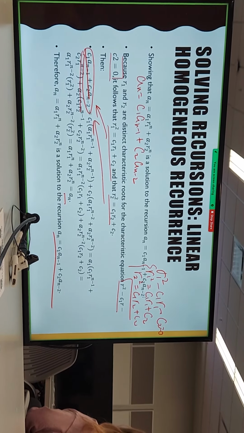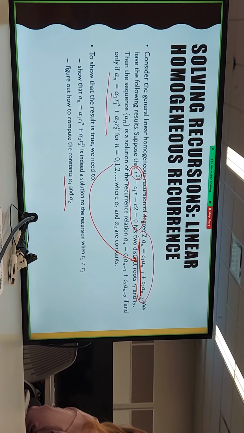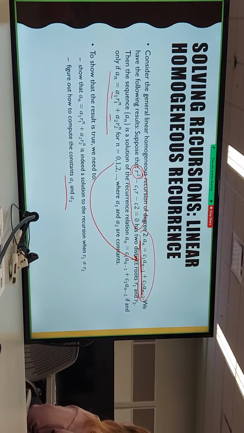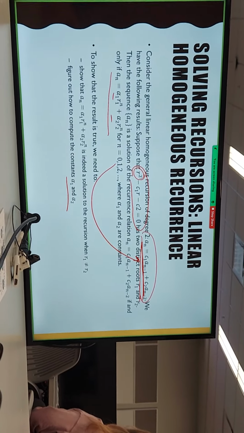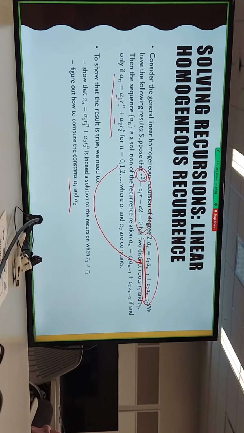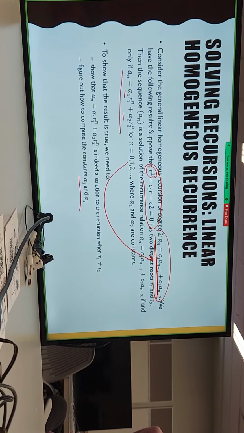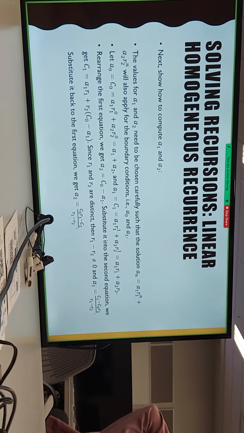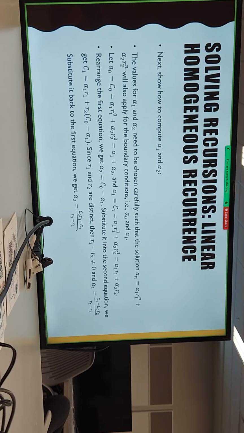The next task would be, as I said, to solve for the values of alpha 1 and alpha 2. We know the recurrence has to be generic for all cases; it has to apply for A(n), for A1, A0, and so on. Every special case, it has to apply. So to solve for alpha 1 and alpha 2, we use the fact that we can easily measure the values of A1 and A0.